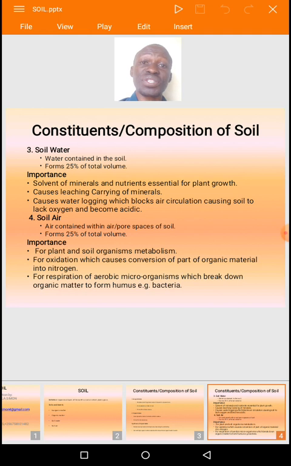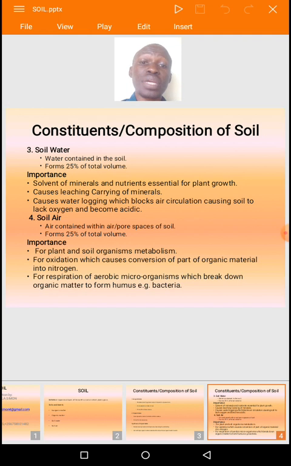Also, for oxidation, which causes conversion of part of organic material into nitrogen, and that nitrogen is also quite important. So in that process, air is needed, definitely oxygen, which is part of that air.